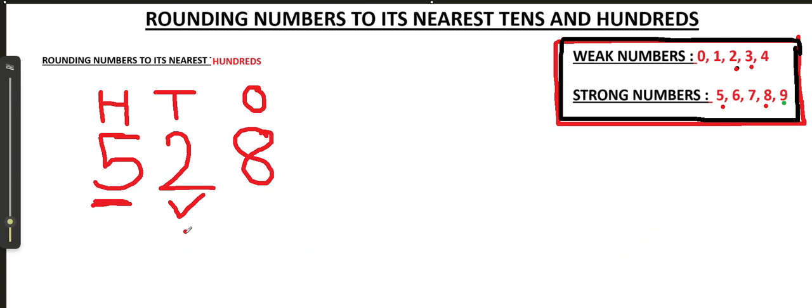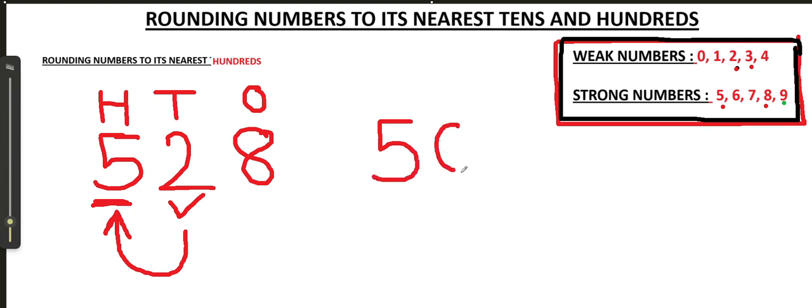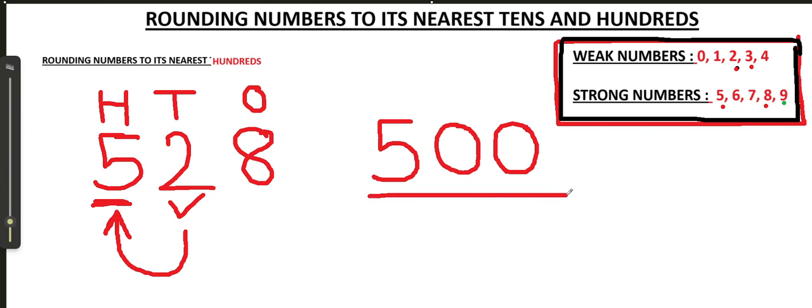So this 2 is using all its might to push that 5 and turn it into a 6, but it will be unsuccessful in doing so because 2 is a weak number. So 2 has drained all its energy. So we get 500 as our final answer. 528 rounded off to the nearest hundreds would be 500.